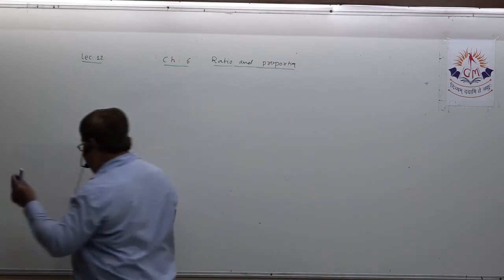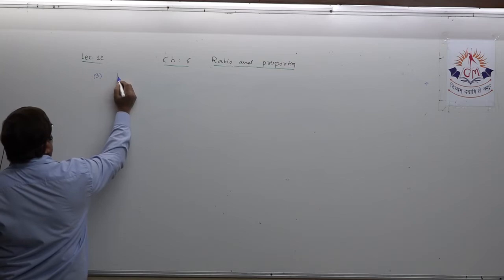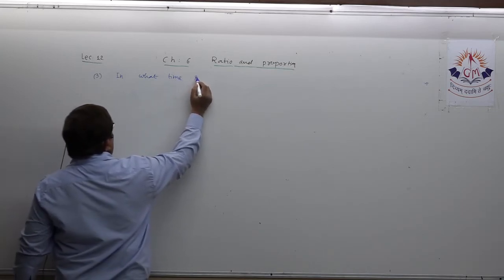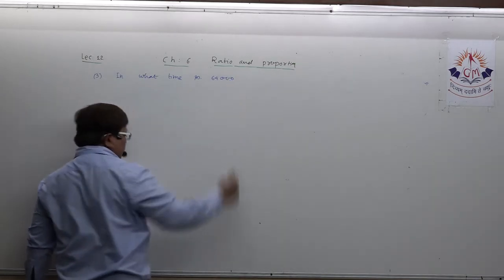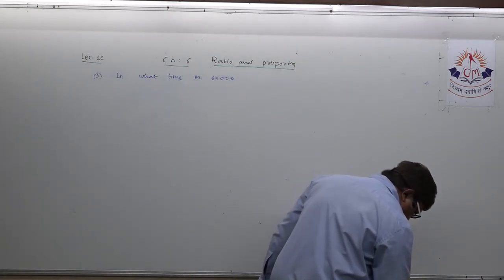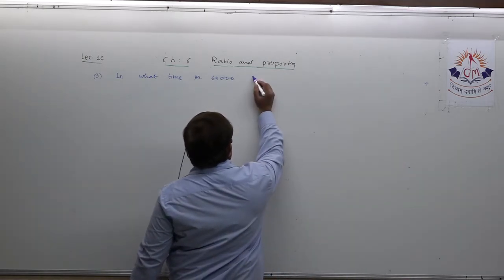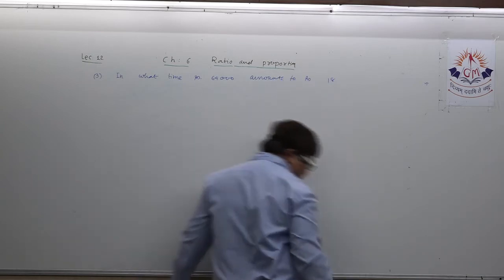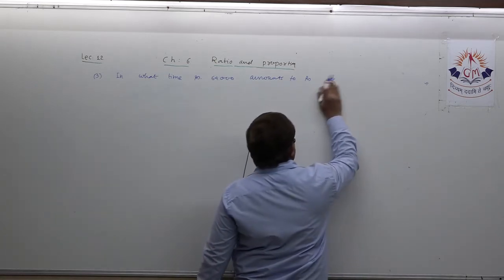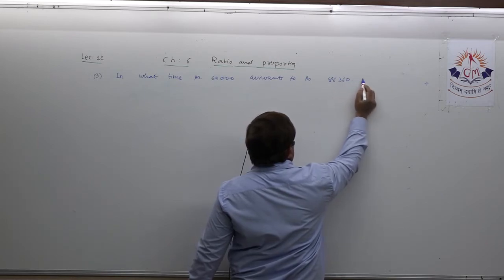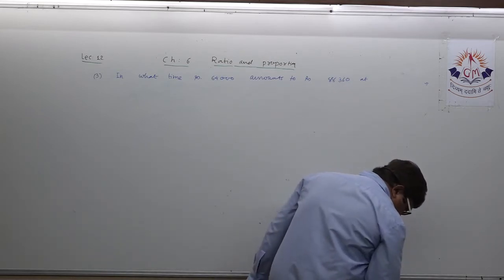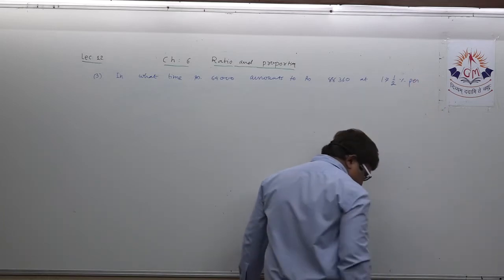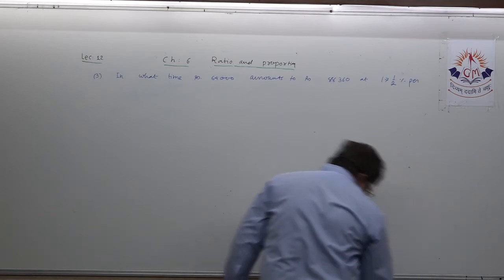In what time will rupees 64,000 amount to rupees 88,360 at 17.5% per annum?